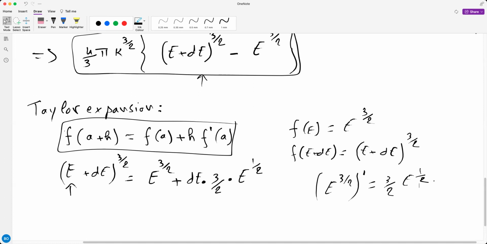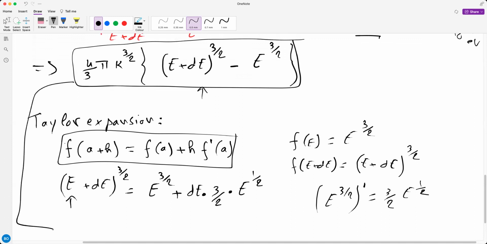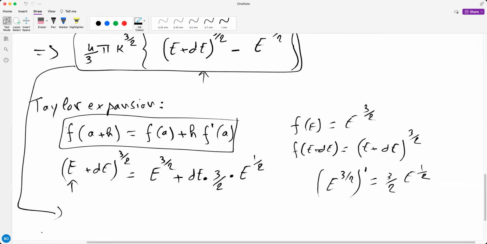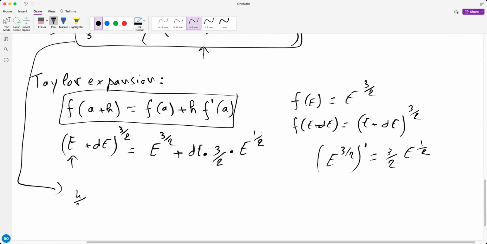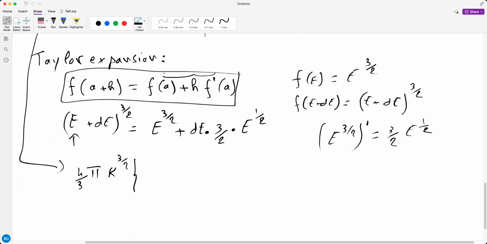Yes, Professor. So now let's replace in this. In this I have 4/3 by the constant 3/2, okay? E plus dE, I can replace it by its value.